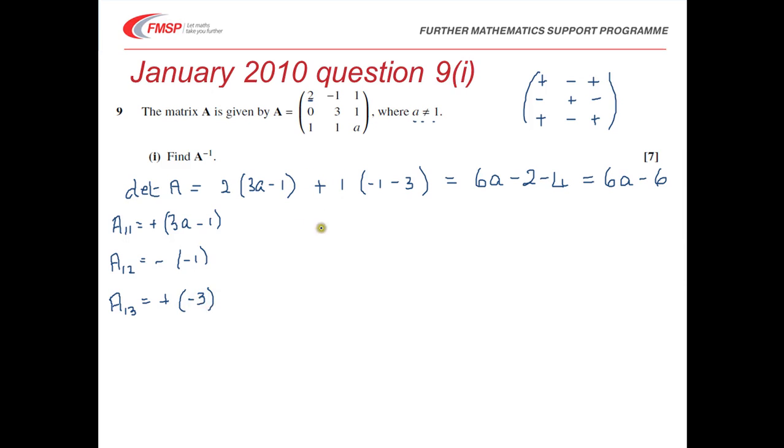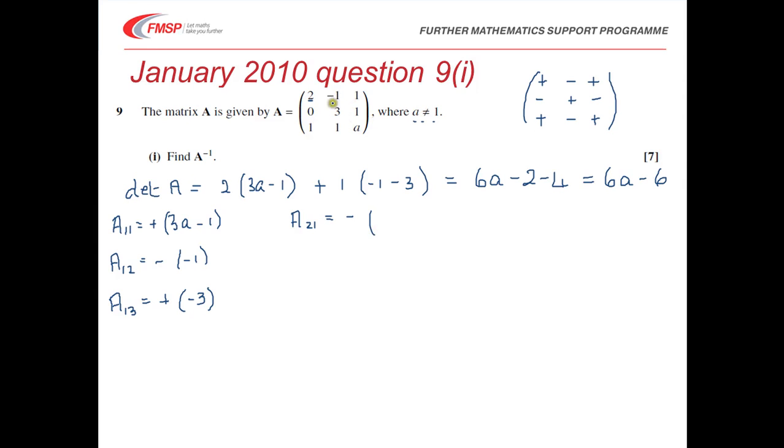And we go through and do the same now for the second row. In the second row, you're now taking this 0 and the cofactor of 0, so it's going to be minus a minus 1, and the sign attached to it is a minus. Let's just check on that.